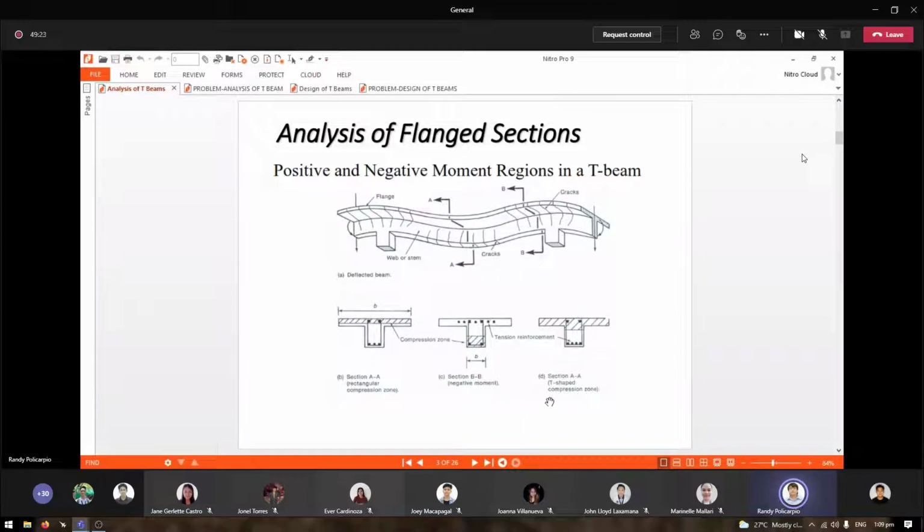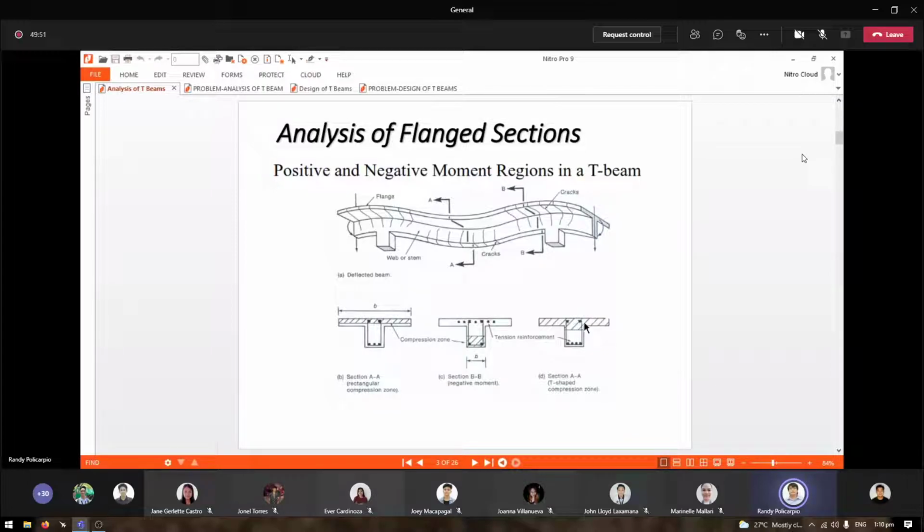Yun lang, no? But for the other case, itong letter D, figure dito, the depth of the compression block is within the web. So there will be what? There will be a compressive force in the flange. So in solving for the compressive force, i-split natin para madali yung computation.